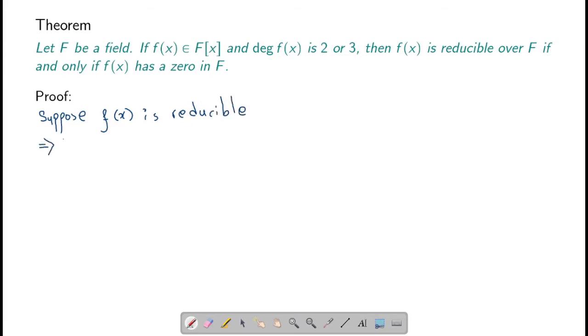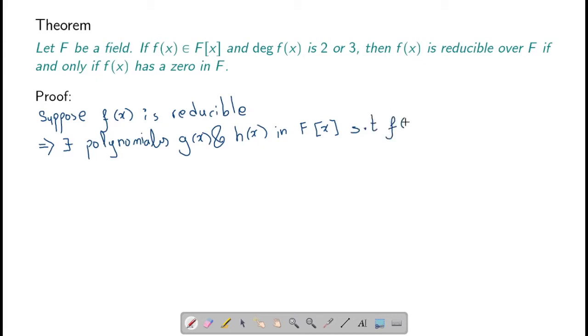This means that there exist polynomials g(x) and h(x) in F[x] such that f(x) is equal to g(x) times h(x), where the polynomials g(x) and h(x) are non-zero, non-unit.